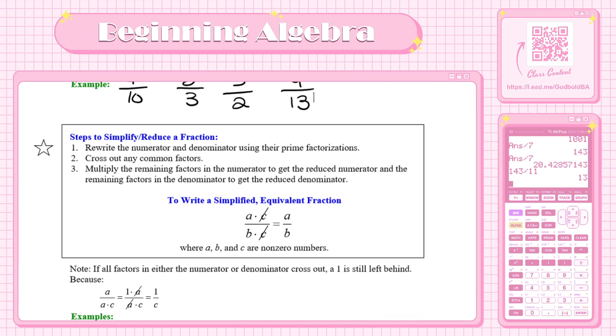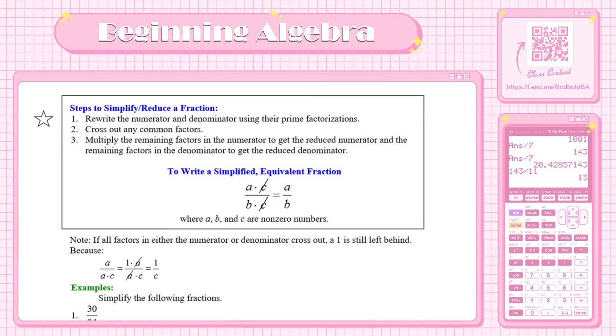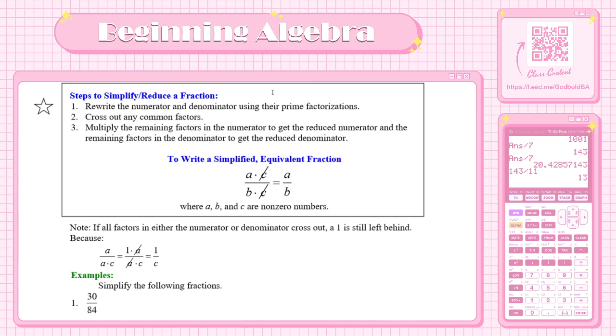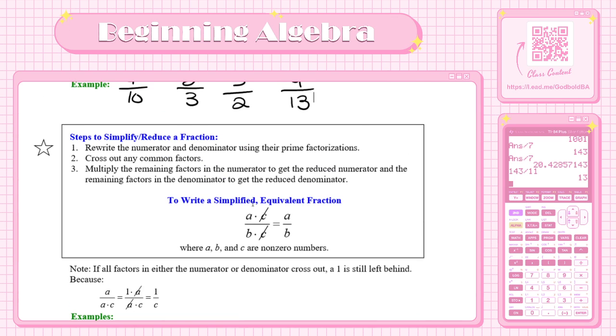This is where that prime factorization stuff comes in. You want to rewrite your numerator and denominator as their prime factorization, and then remember, whenever the numerator and denominator are being multiplied by the same thing, that was essentially being multiplied by 1. By having those there, you're not really doing anything to the fraction, you're just adding clutter.